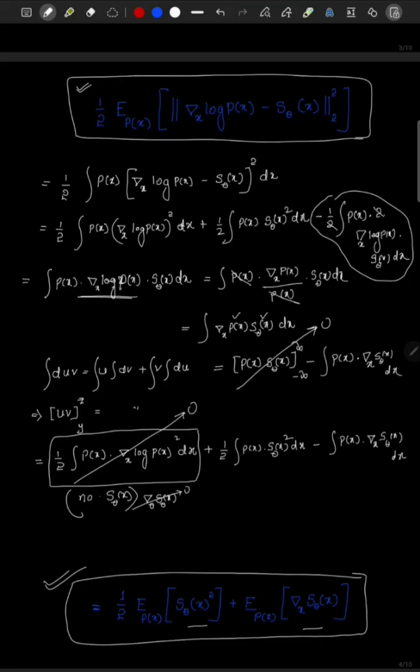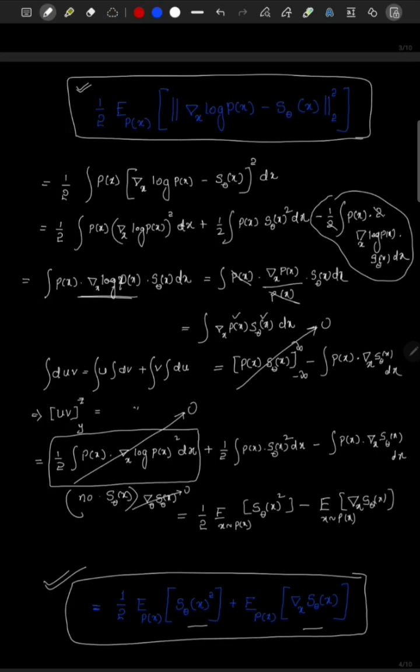Now we have these two terms. Let's rewrite them in the discrete probabilistic distribution case, that is half of the expectation of x sampled from p(x) of s theta of x squared, minus the expectation of x sampled from p(x) of the gradient with respect to x of s theta of x.